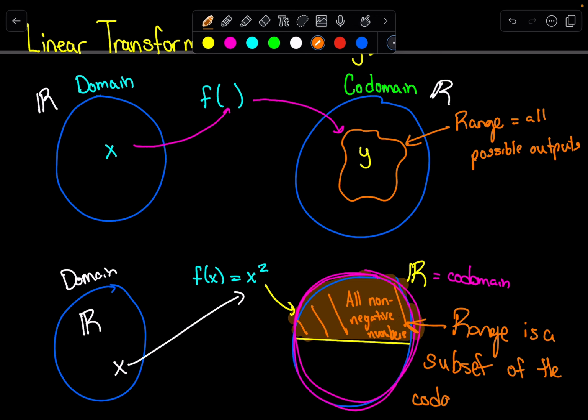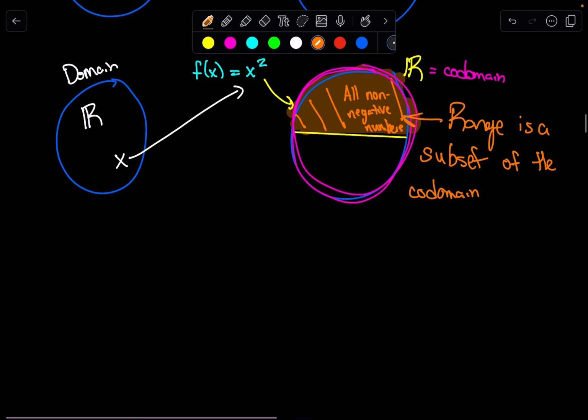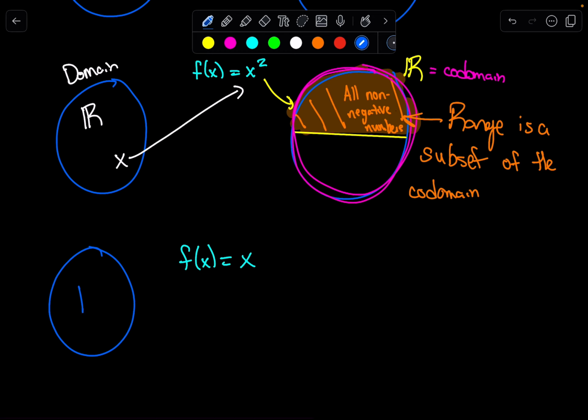Now, sometimes the codomain and the range are the same thing. So, for instance, maybe we have a simpler function, f of x is equal to just x. So this is just a straight line, y equals x. And again, the domain is all real numbers, and the range is the same thing as our codomain. Because you put in any x value and I'm going to get every single possible y value that you could.